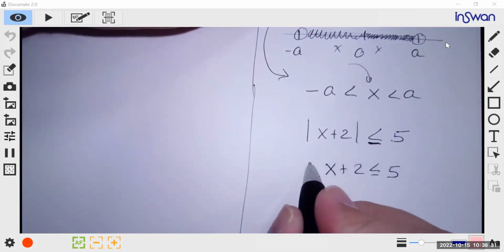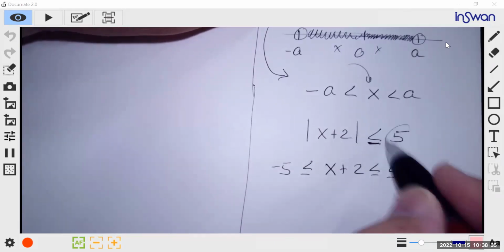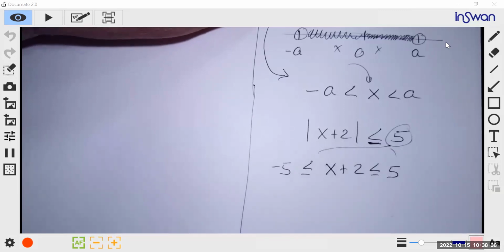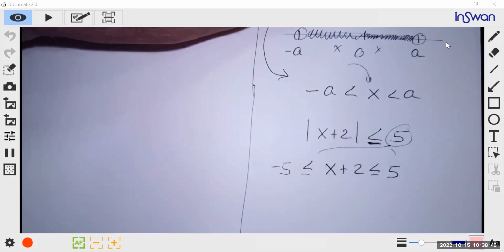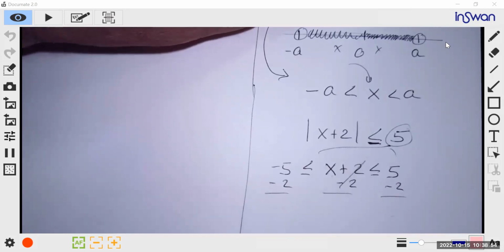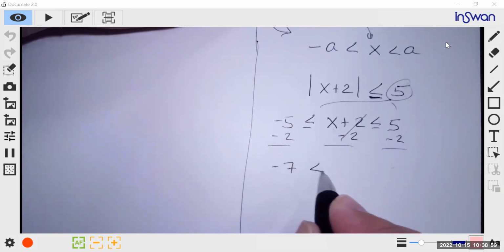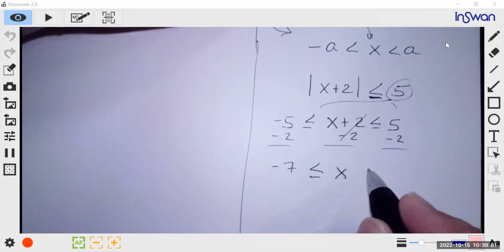It's less than 5, but greater than negative 5. In other words, whatever's here goes on both sides. We're solving for x, so we have to get rid of the 2. Whatever we do in the middle, we have to do everywhere else. Negative 5 minus 2 is negative 7, less than or equal to x, less than or equal to 5 minus 2, which is 3.